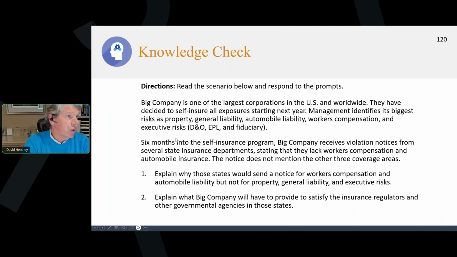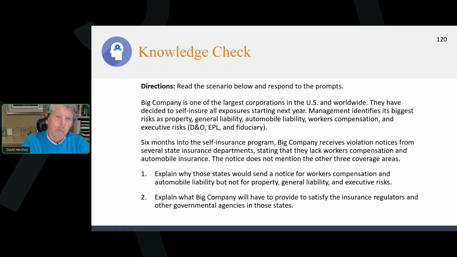Let's talk about a knowledge check. Big company is one of the largest corporations in the US and worldwide. First thing that comes to my mind is their data, losses, forecasts, development, payment triangles. They're probably credible enough to stand on their own. So, okay, fine, let's keep going.